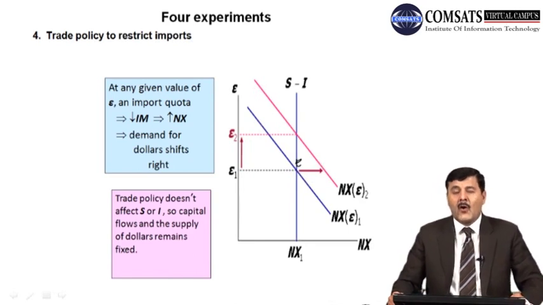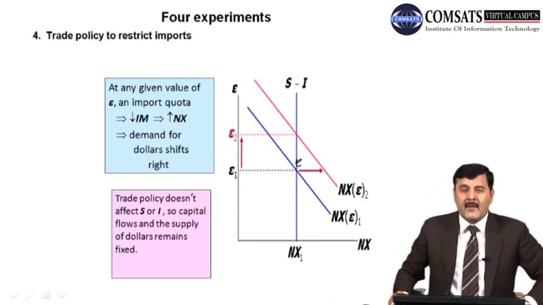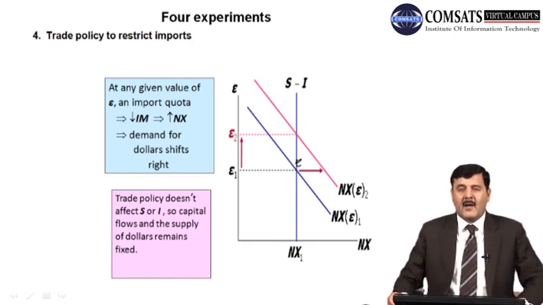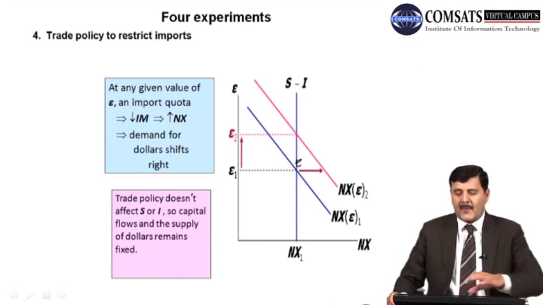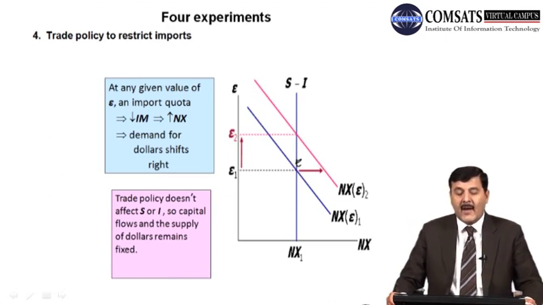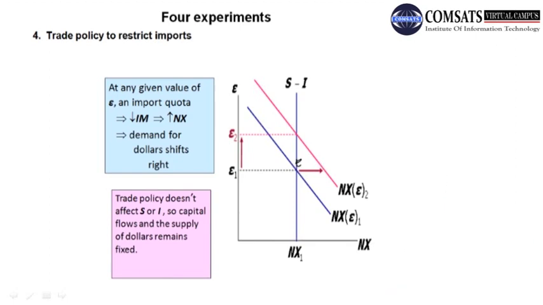Now suppose the government or the country puts some restriction on imports. So at any given value of E, that is, the given value of the real exchange rate E1, when the import quota is fixed, what will happen to imports?